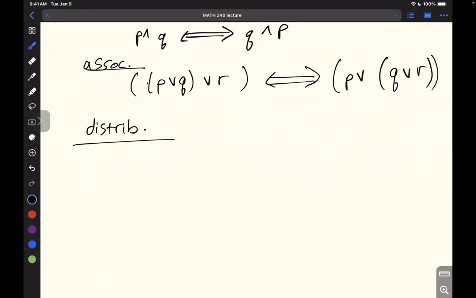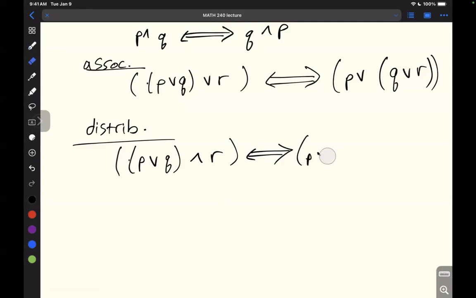We've got the distributive laws, which is where we have P or Q and R. That's equivalent to, nope, sorry, I'm looking at the wrong line.